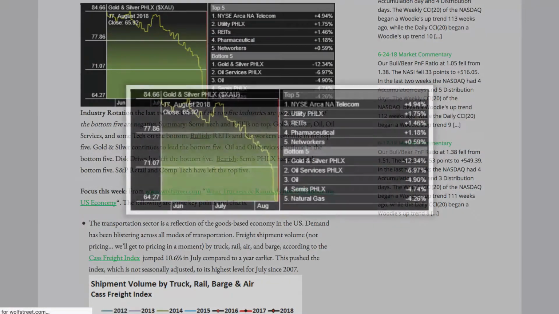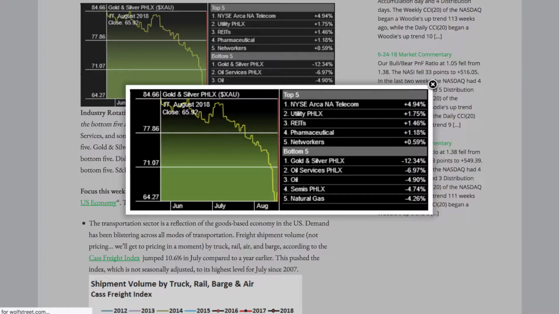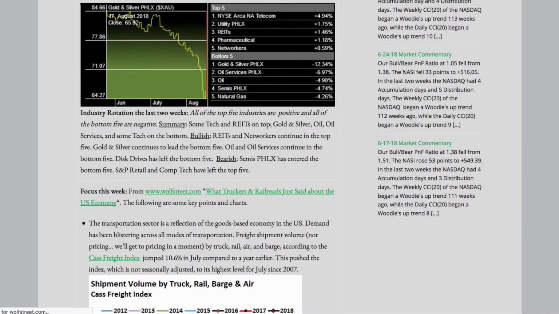Industry rotation the last 2 weeks. All of the top 5 industries are positive, and all of the bottom 5 are negative. Summary: some tech and REITs on top, gold and silver, oil, oil services, and some tech on the bottom. Bullish, REITs and networkers continue in the top 5.